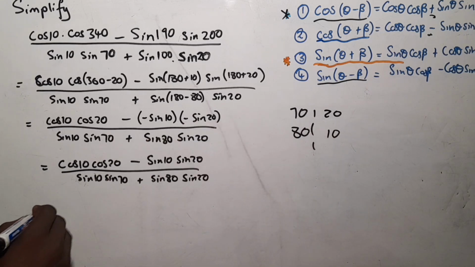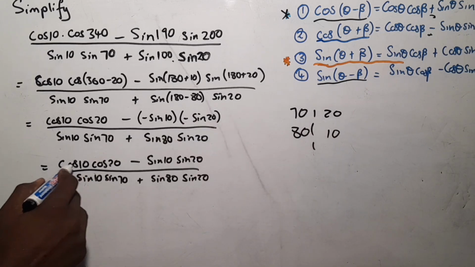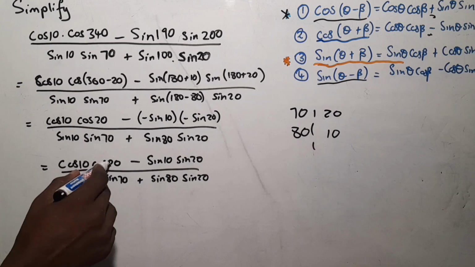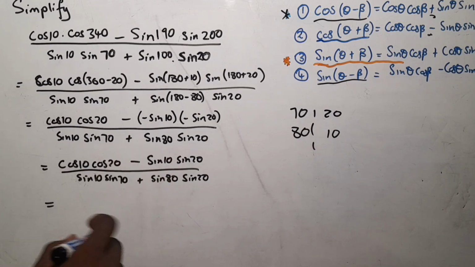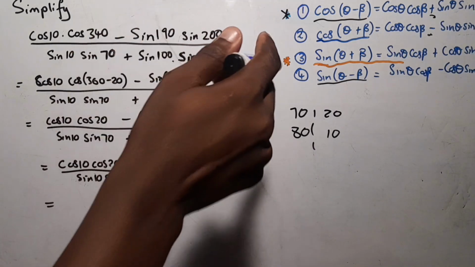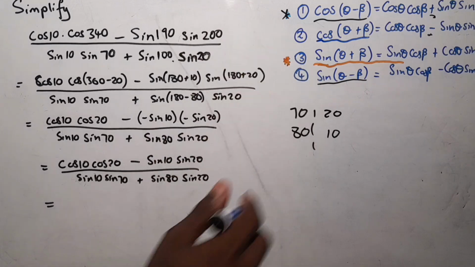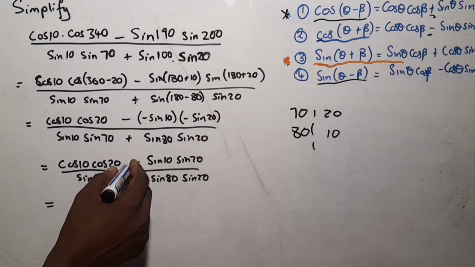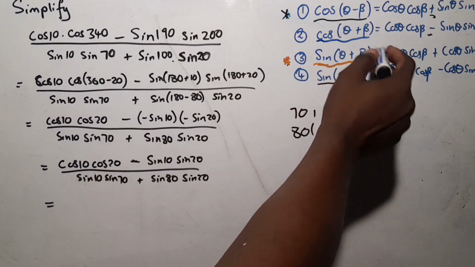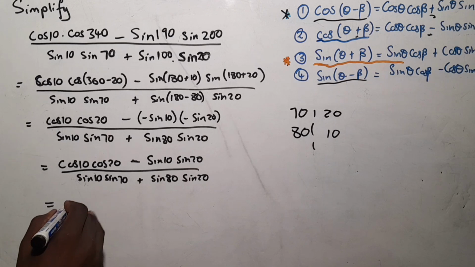So let's apply that. But first, on top here, we're having cos, cos, sine, sine. I know that cos, cos, sine, sine is a cos compound angle, right? And the one with a negative there means that it should be having a positive in between.